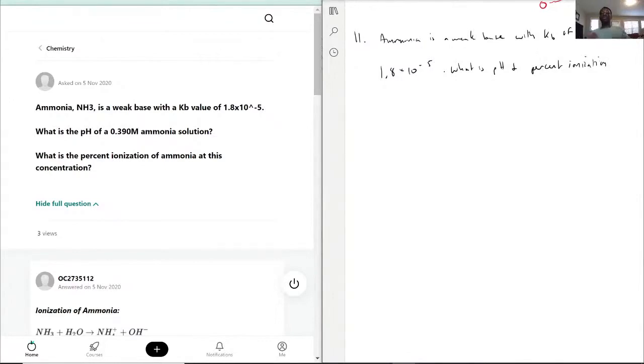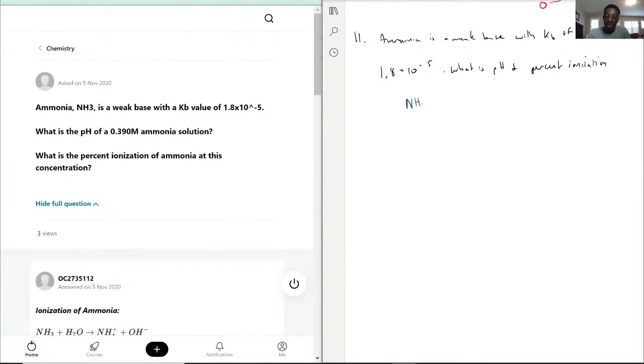So for this, we actually need to go through step by step to be able to find this and use certain things to be able to put the whole picture together. The first thing we need to understand about ammonia is how it actually reacts with water to be the weak base as it says it is in this question. Okay, so we write down our equation.